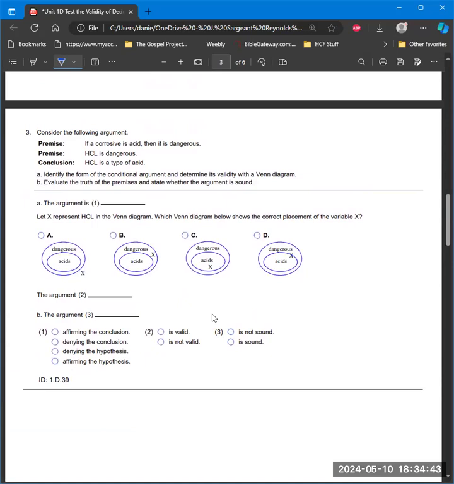If a corrosive is acid, then it is dangerous. HCl is dangerous, therefore HCl is a type of acid. So P implies Q, Q, therefore P, this is invalid.